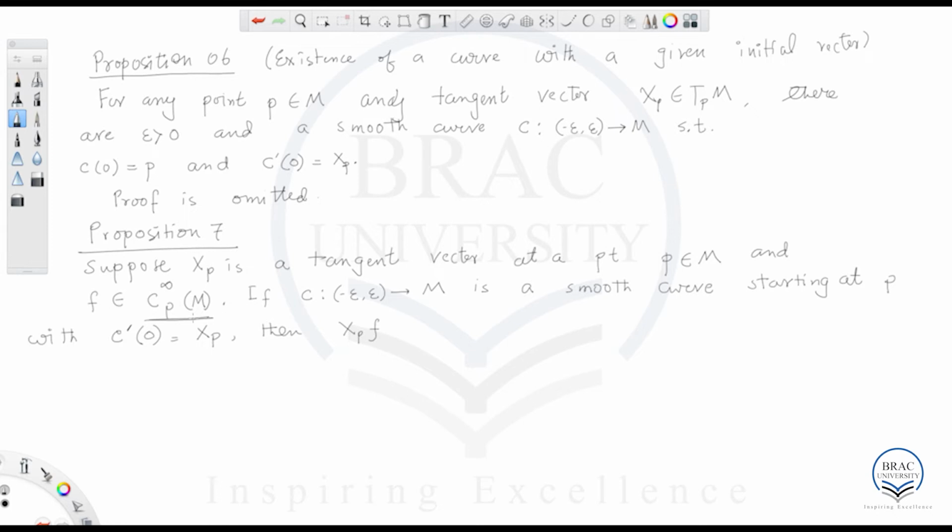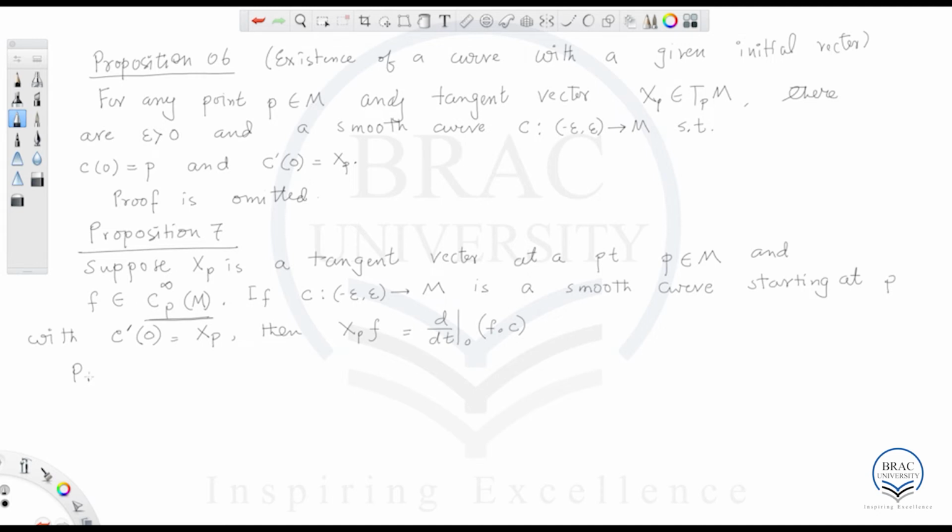In fact, it's an R algebra. We have seen it in the first segment. So x sub P acting on f is a number, and this number is equal to d dt at 0 acting on f composed with c. It means that we have to differentiate f composed with c with respect to t and take its value at the point t equal to 0, and that number is nothing but x sub P acting on f.